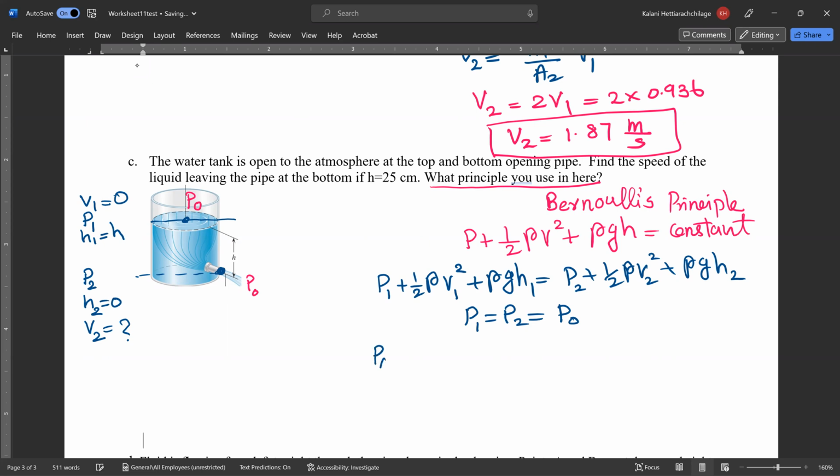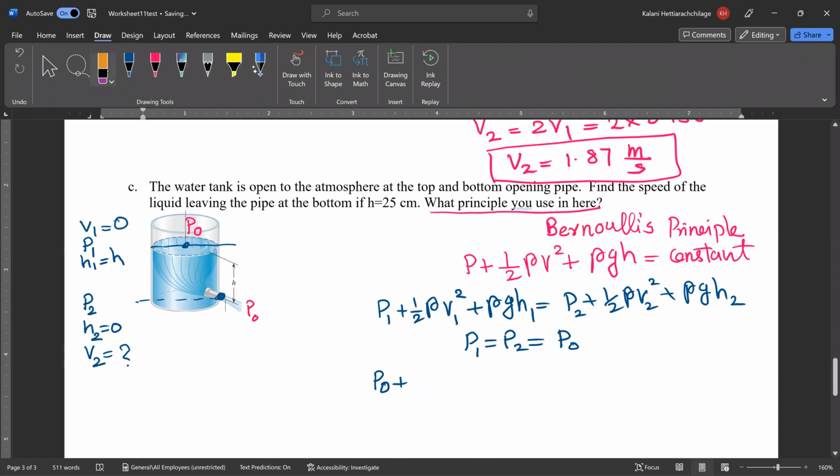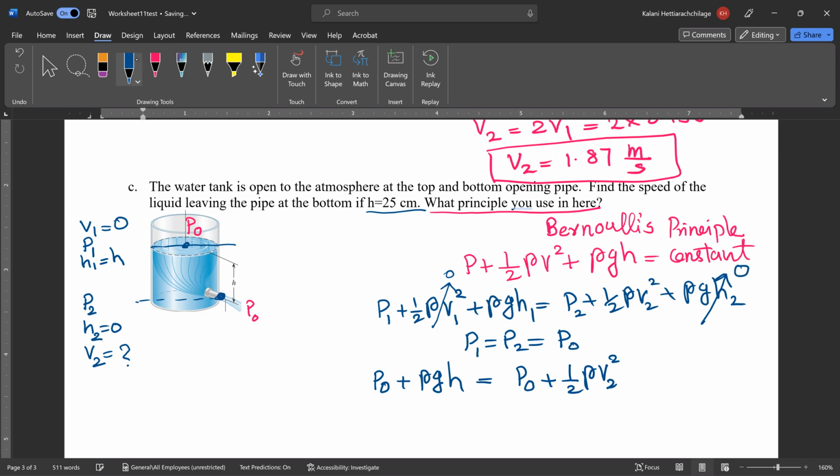Let's rewrite it: P naught plus half rho V1 squared, which we know is already 0, plus rho g H1, and H1 is now just H, which is given in the question, should be equal to P2, which is also P naught, plus half rho V2 squared plus the next term, and since H2 equals 0, this term will be 0.